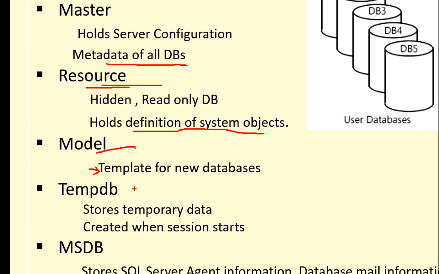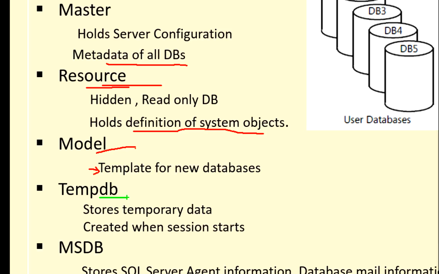Next we have tempdb. Tempdb is a temporary database allocated for each user. What does that mean? Whenever you connect to SQL Server, it creates a session for the user, and when it creates the session, it creates a tempdb.